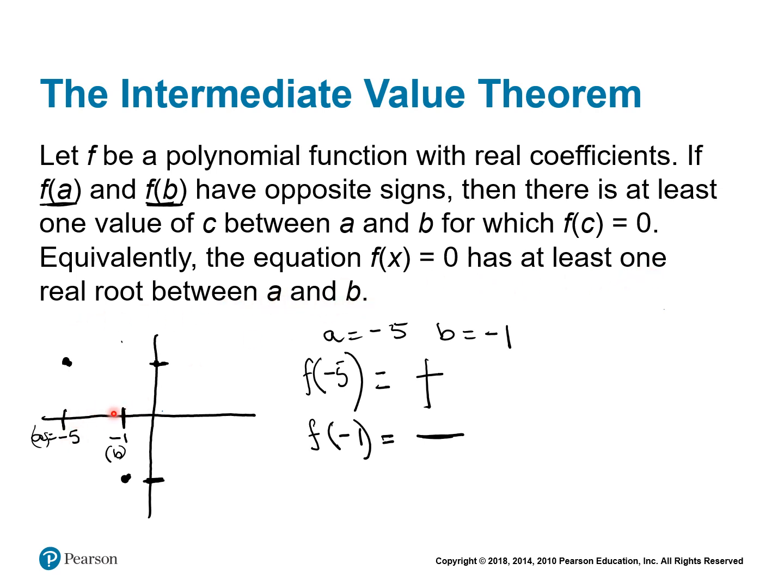So the graph better have a real x-intercept. Real root means an x-intercept which is a real number. Later on, we will go through examples where a polynomial function can have zeros which are not real roots. We'll see that. That's why they specify that it will have a real root.